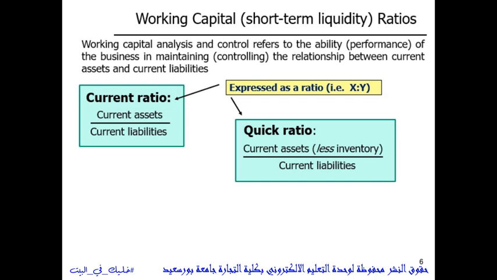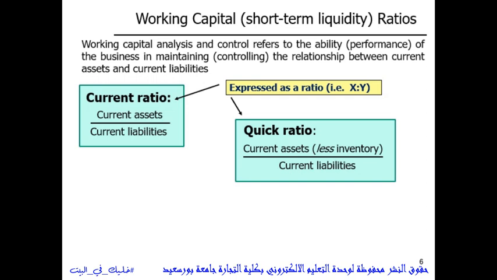So a quick revision for the ratios we said. The first two ratios are the profitability ratios, which are the gross profit margin ratio, equal to gross profit divided by sales multiplied by 100. The second ratio is net profit margin, which is equal to net profit divided by sales multiplied by 100.